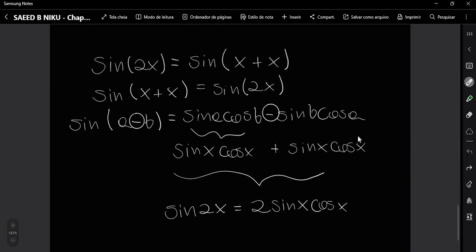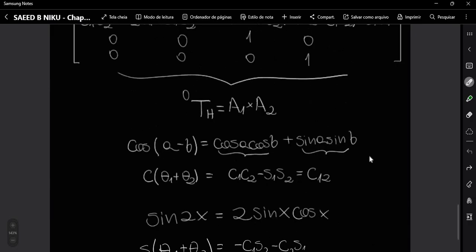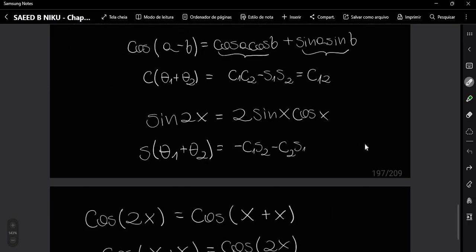We still haven't written the matrix, which is something we will do right now.